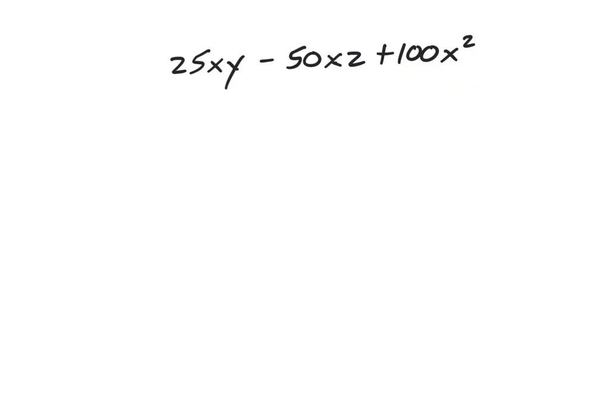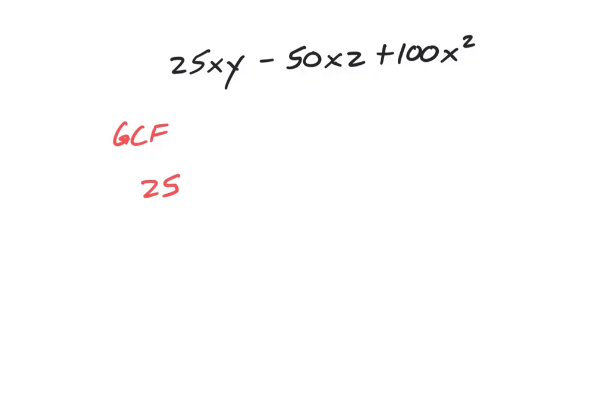Remember to always take out the biggest thing that we can take out. 25, 50, and 100. What's the highest thing we could take out? 25. Yep. You don't necessarily have to write GCF here, but I like to write it because that goes out in front. Okay, and then we look at variables.